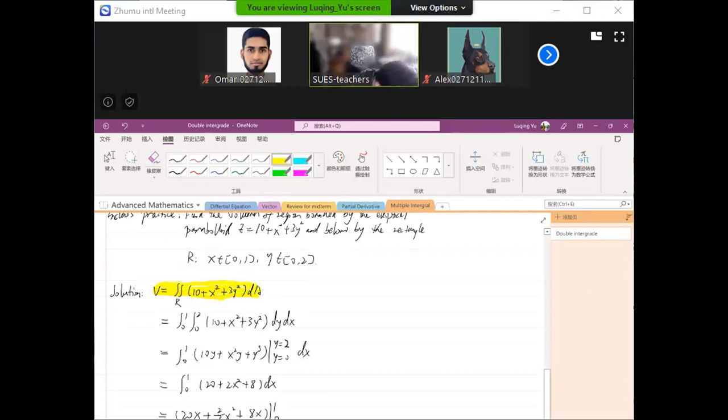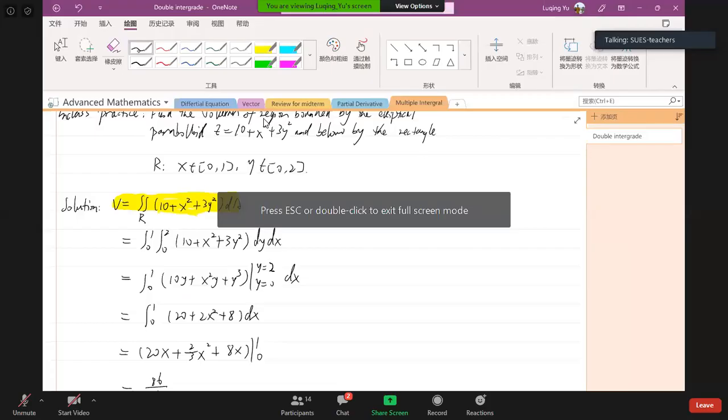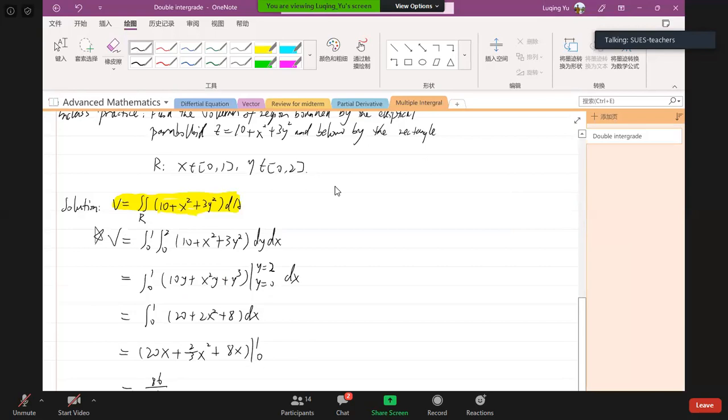So as long as you write down starting from this part, it's fine. You know what the region of y is and what the region of x is, and then you do the integral, and that will be fine for you.